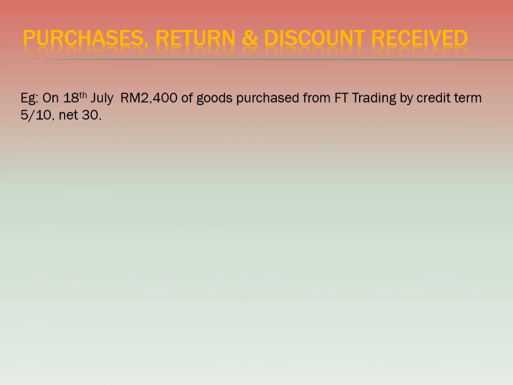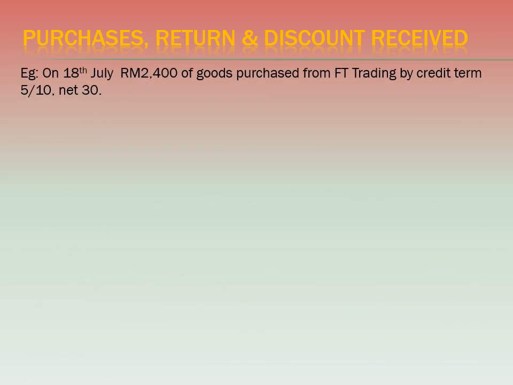The next example for transaction purchases, return, and discount received. Okay, let's take the example on the last slide. On the 18th of July, bought from FT Trading with the credit term 5% cash discount, available and entitled to the buyer if you pay less than or equal to 10 days from the date of the invoice.